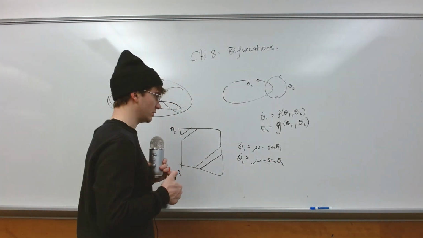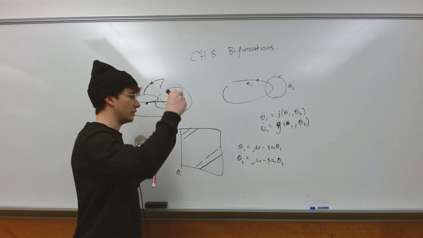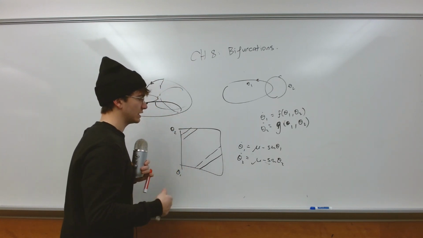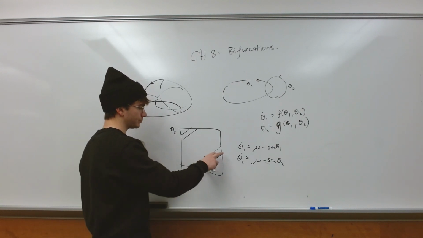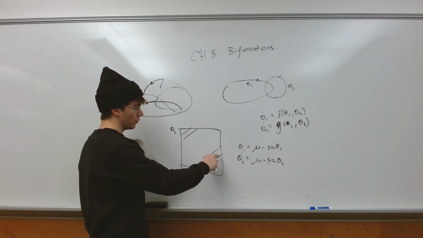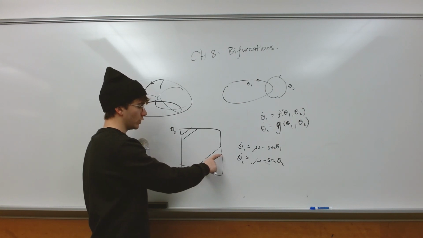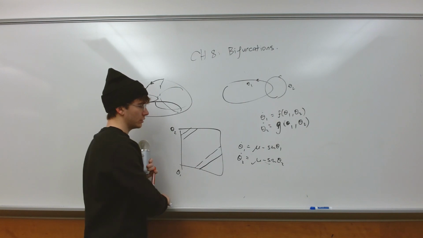In this simple example, when the system bifurcates, essentially we're going to get that theta 1... Wait, hold on.